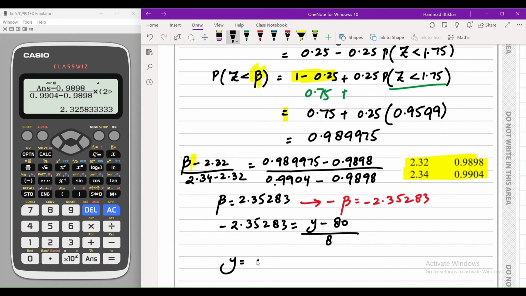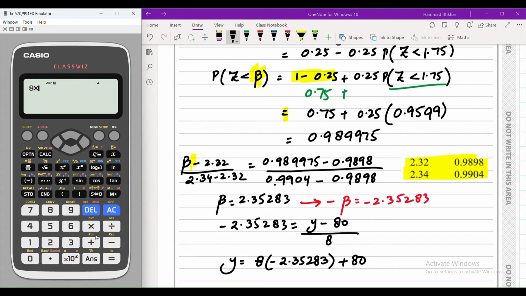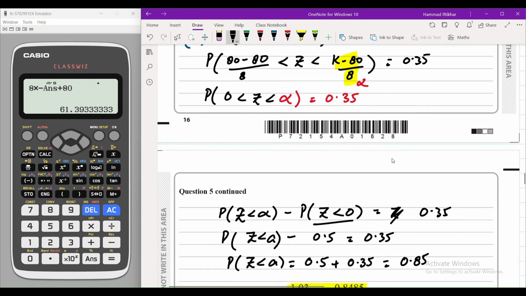Y is going to be 8 times minus 2.35283 plus 80. That is 61.393. So 61.4. Okay, all right. That was the last part.